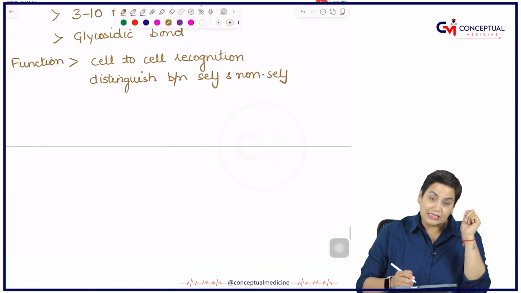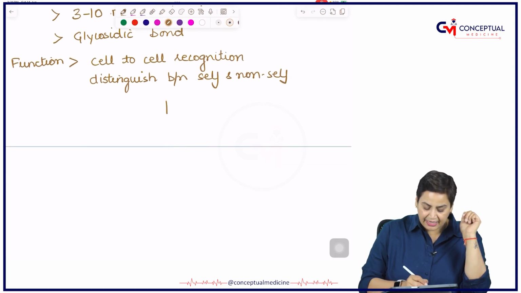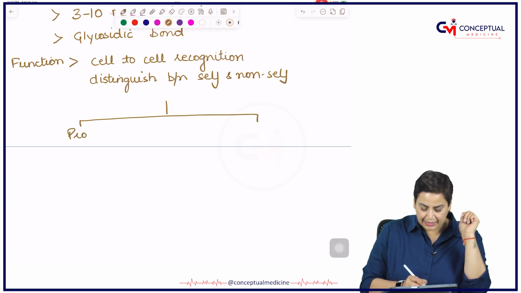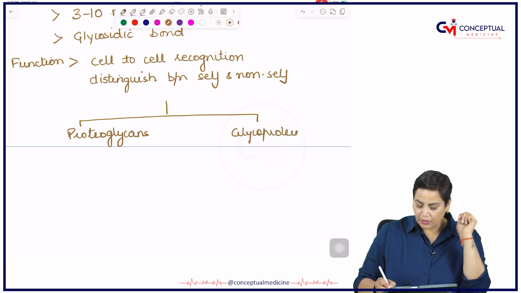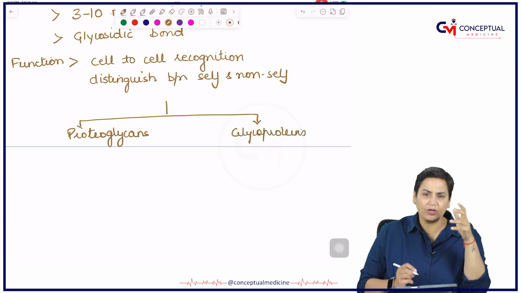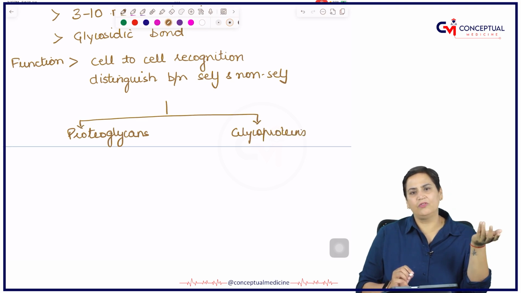So I can say that these oligosaccharides have a tendency to form two types of substances, proteoglycans and glycoproteins. Now what is the difference? It is clear from the word itself. Whatever is present as a suffix will always be more.